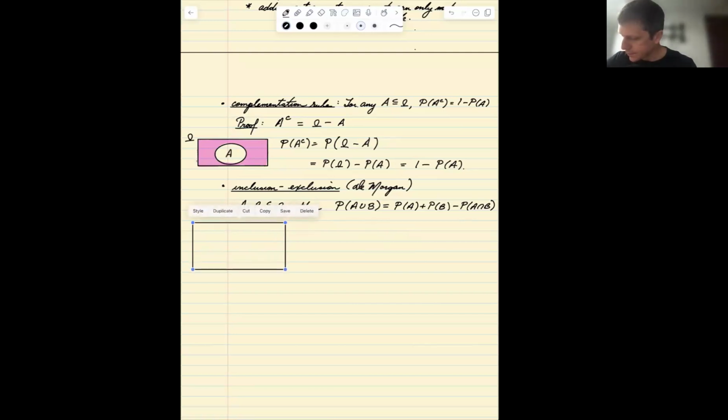So we have A and B. We're interested in, how am I going to do this?